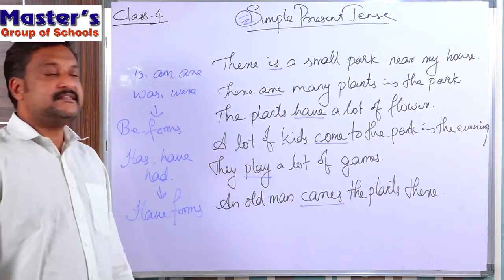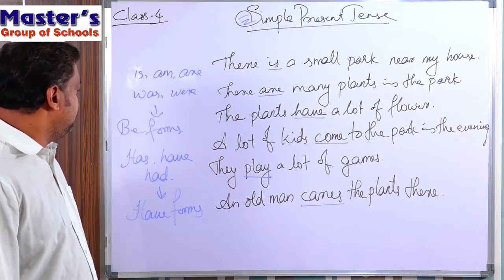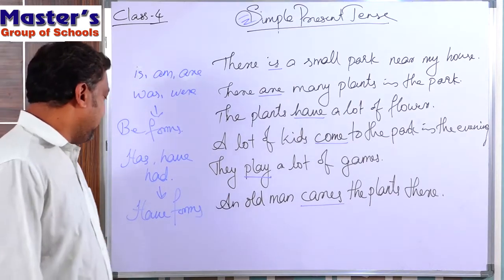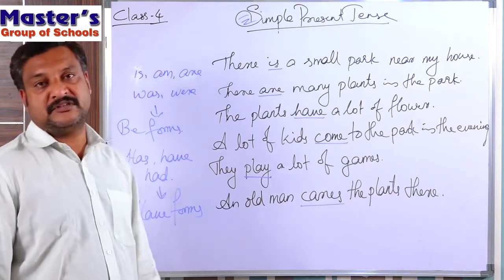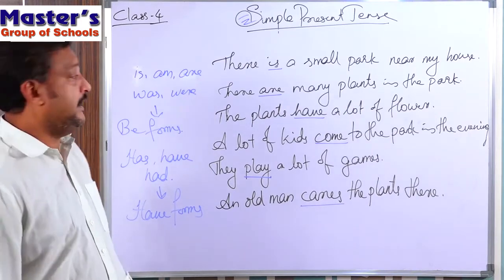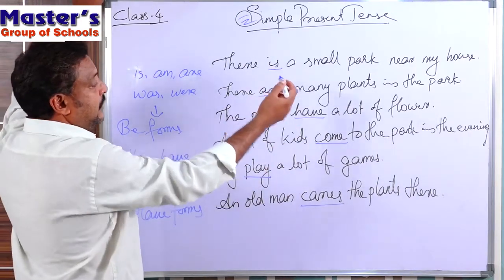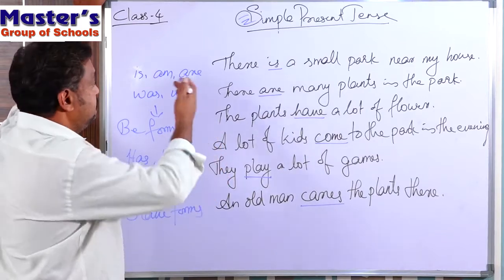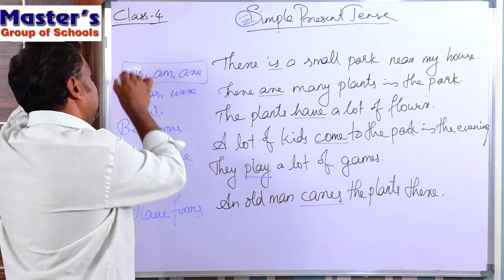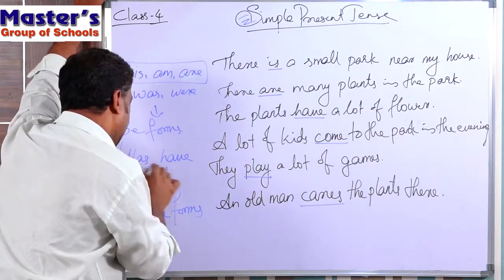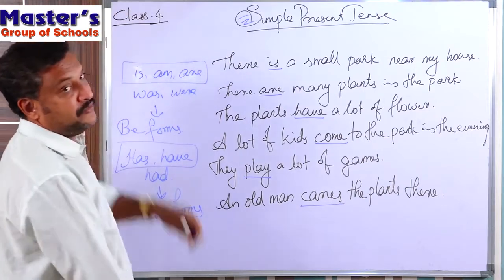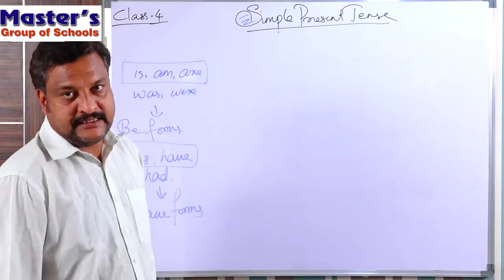So is, am and are are the be forms and has, have and had are the have forms that we use in English. Is, are, am are present tense forms. Has and have are also present tense forms. So we have learned that earlier, isn't it?